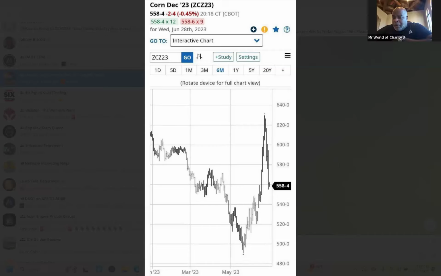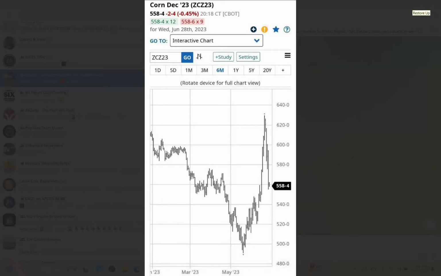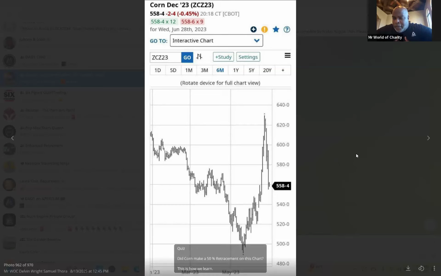I want to make sure everybody understands this. To me, it looked like it's on its way to a 50% retracement, but it doesn't look like it's all the way there yet. Yes, I did a miscalculation. Rashid said that he doesn't think it's quite there yet, but it could be on the way.